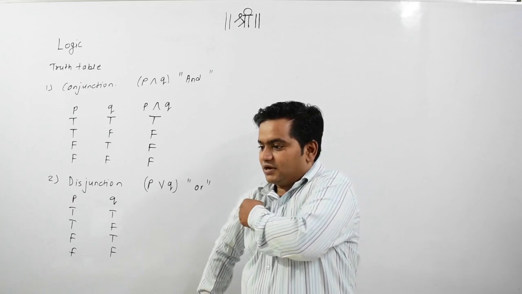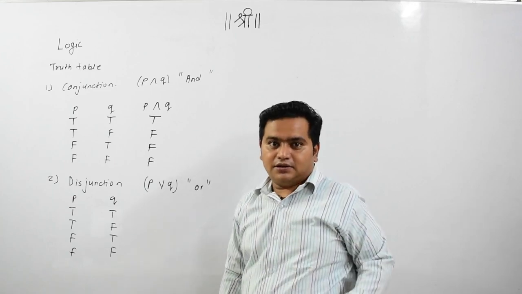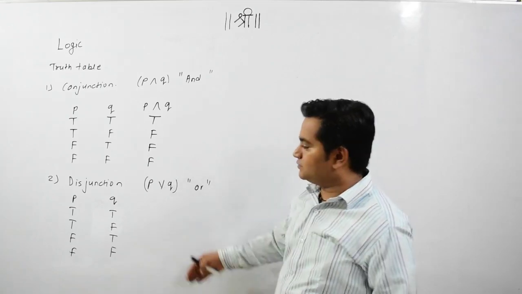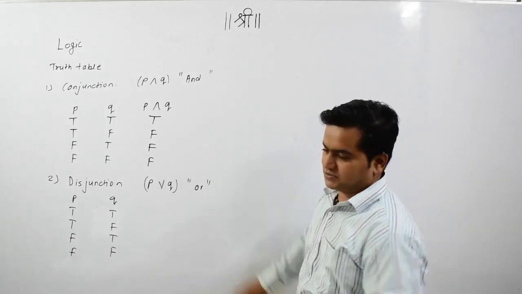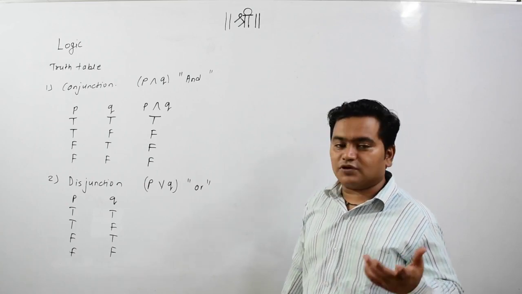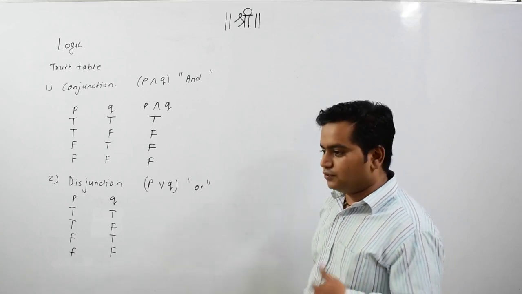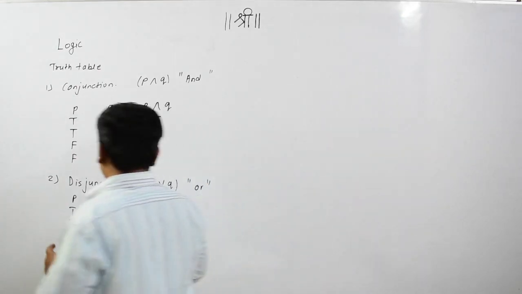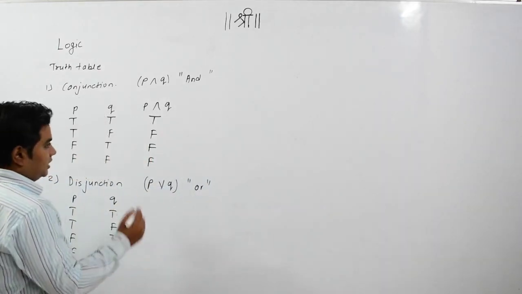Those gates include the AND gate, OR gate, NAND gate, NOR gate. Within these gates we need to do the same process of this logic, finding how many possible outcomes there are. So this is applicable over there also.